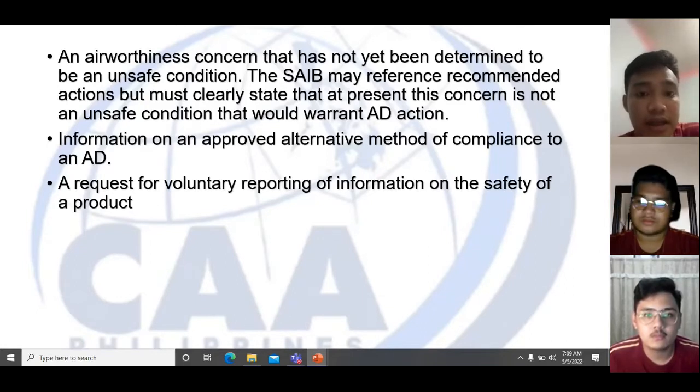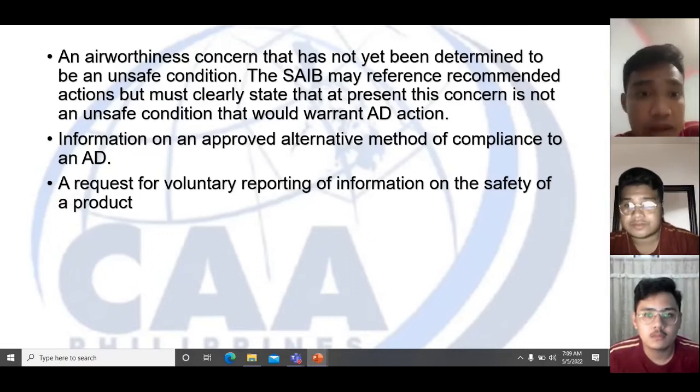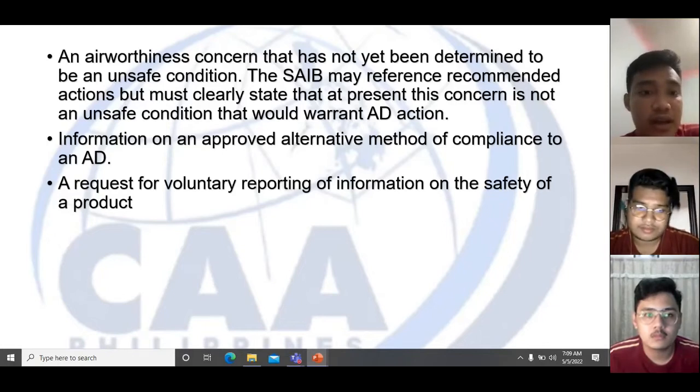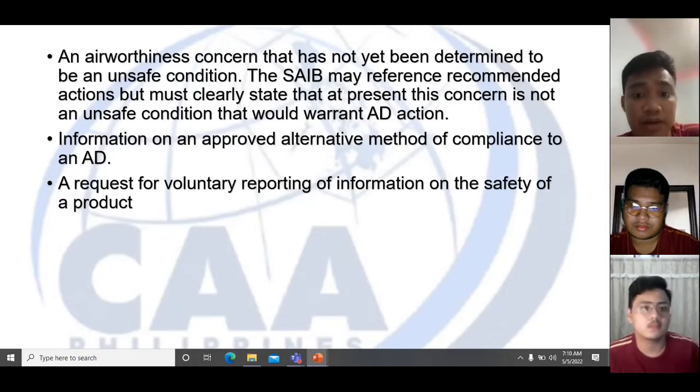The SAIB may reference recommended action but must clearly state that at present this concern is not an unsafe condition that would warrant AD action. Also, information on an approved alternative method of compliance to an AD, and a request for voluntary reporting of information on the safety of a product.